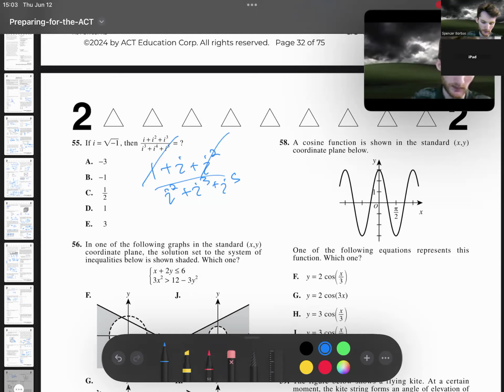This cancels out. It's negative 1. Well, this is equal to i to the power of 1. This is negative i.